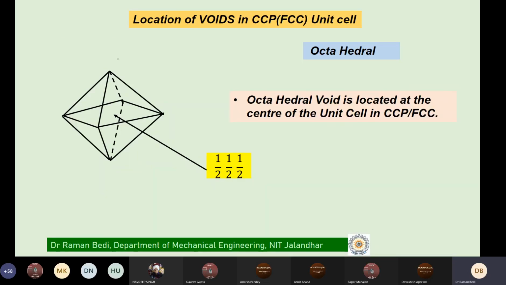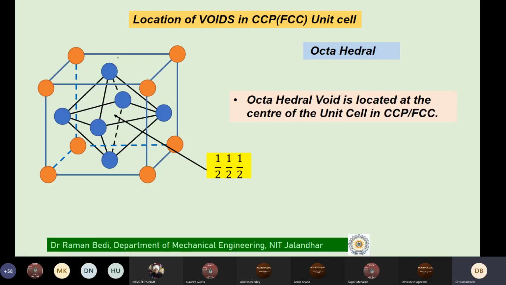Okay, and where are these voids located? The first one that you see here is here. So we have an octahedron being created here, and accordingly you will have a void located at this point.